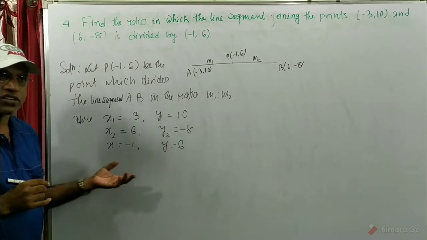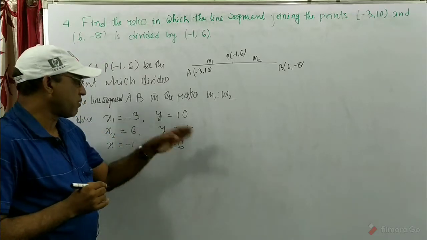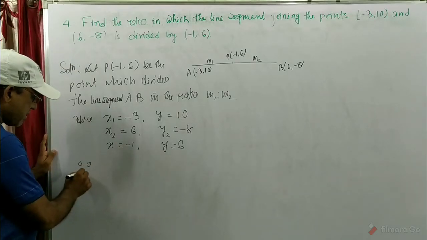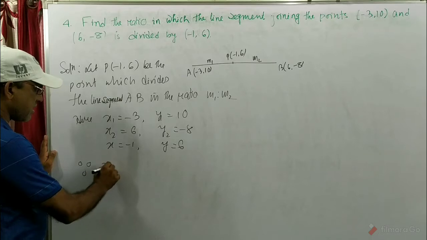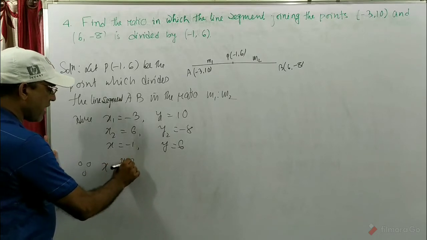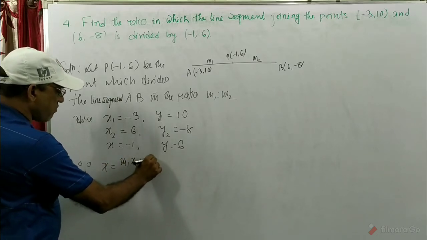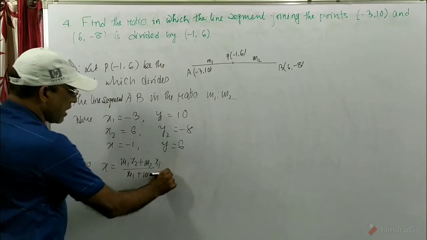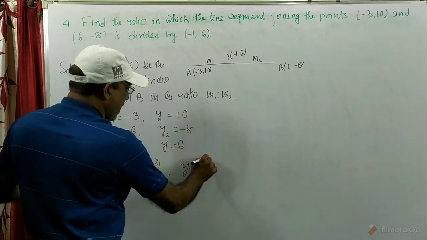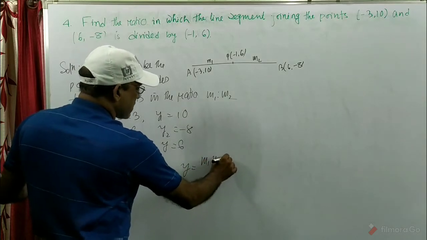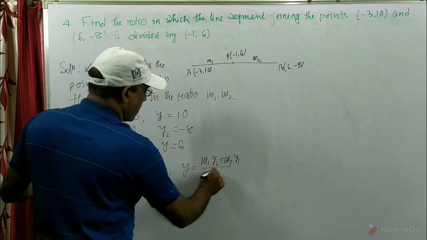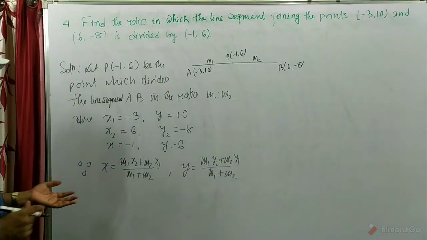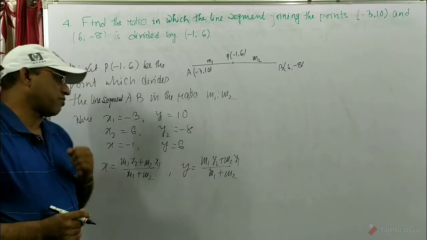By the section formula we get x equal to (m1 x2 plus m2 x1) by (m1 plus m2), and y equal to (m1 y2 plus m2 y1) by (m1 plus m2).